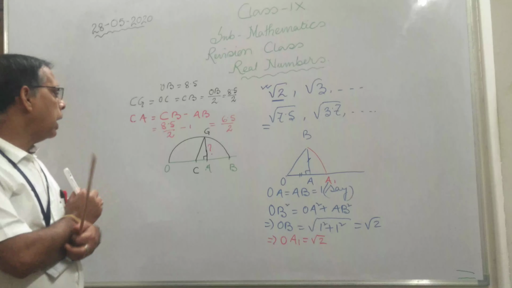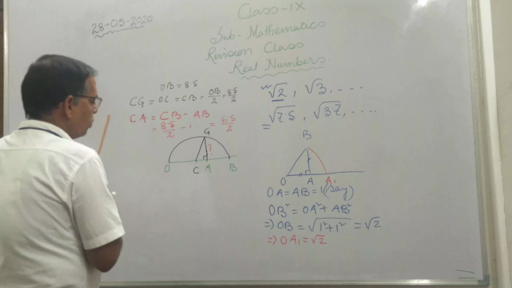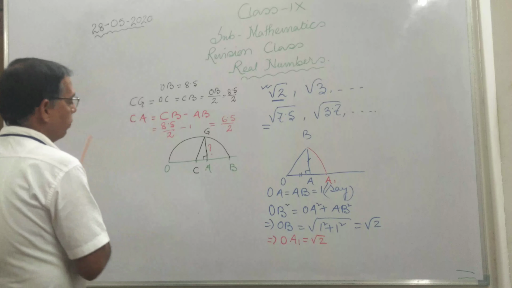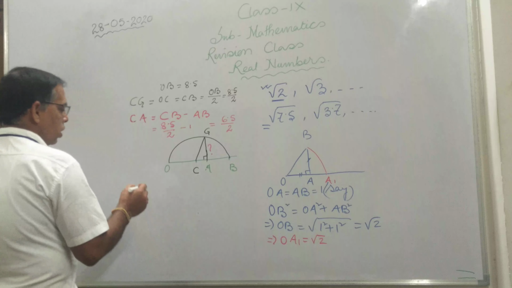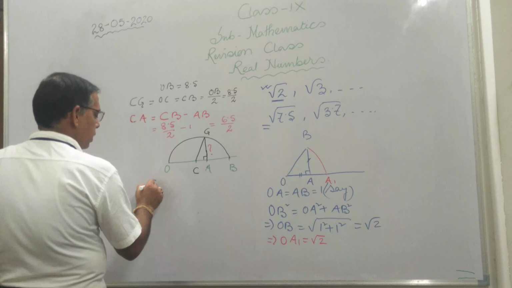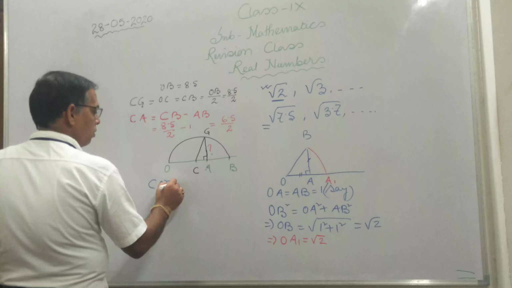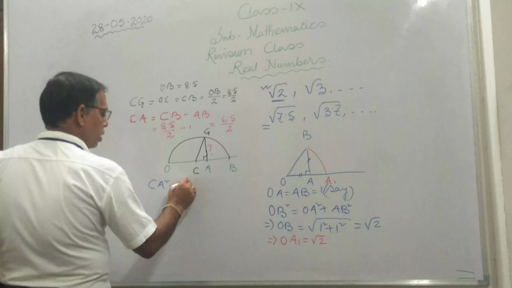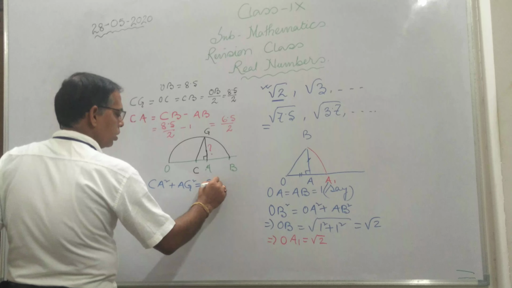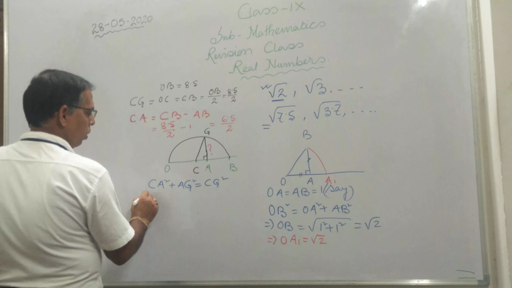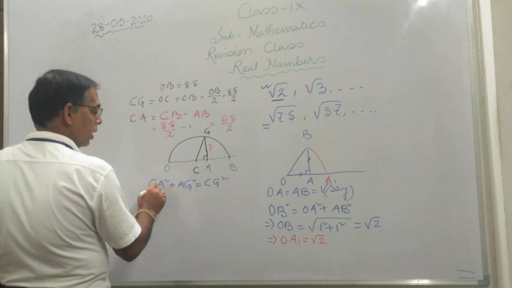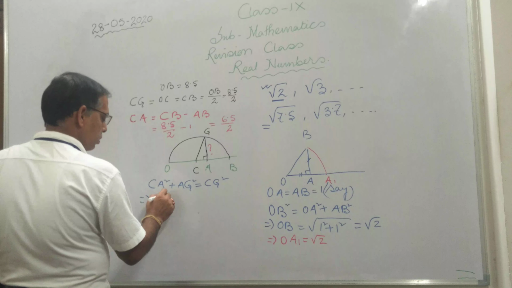Clear? And after that you have to use the right angle Pythagoras theorem. According to the Pythagoras theorem, CA square plus AG square equal to CG square. Now, which is missing? CG is given, CA is given, AG is missing.